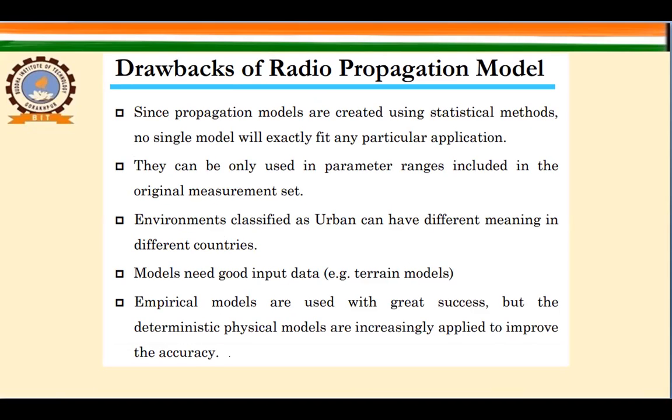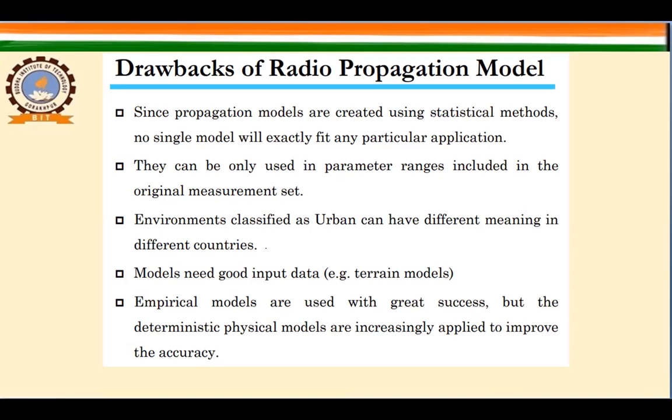The drawback of this radio propagation model is that, since propagation models are created using statistical methods, no single model will exactly fit any particular application. They can only be used in the parameter ranges included in the original measurement sets. The environments classified as urban can have different meanings in different countries.